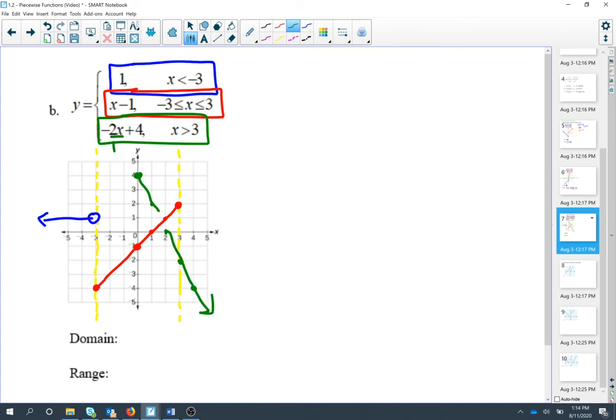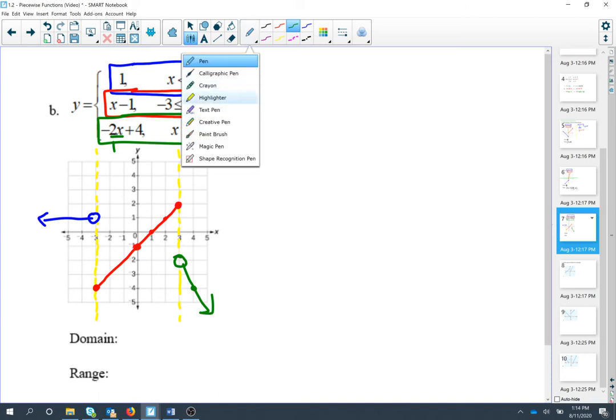But this one is only going to exist when x is greater than 3, which means over here on the right-hand side of my graph. So now I have to erase anything I had in here up to my barrier. And then this one says greater than, which means open dot. And there's your function. This one actually has 3 pieces.